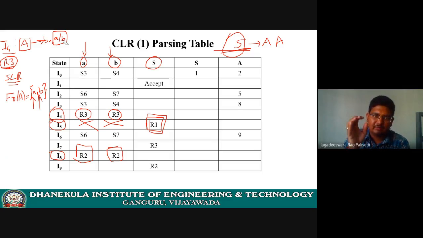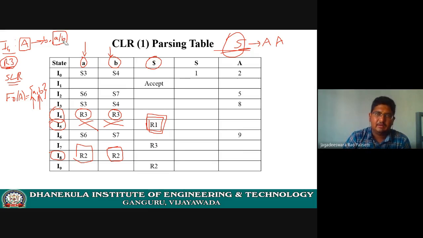For example, if your production rule contains only one lookahead, then it is most efficient. Why? Because this R3 needs to be written in one row and one column, in that slot only. No need to write everywhere. In LR(0), we need to write everywhere, at the a column, b column, and all of them.